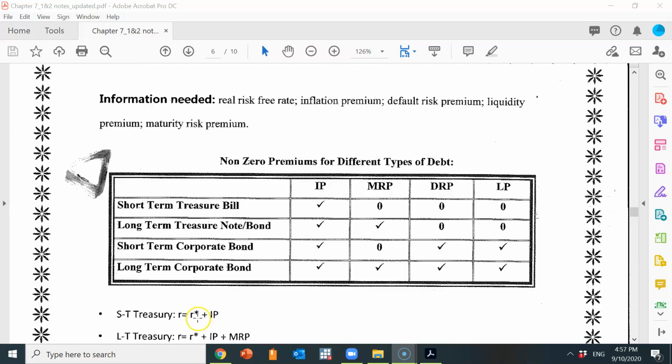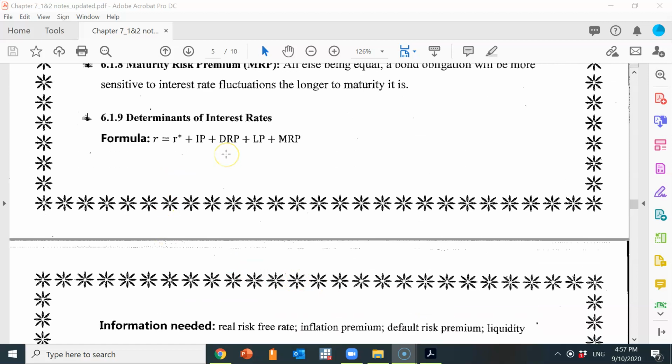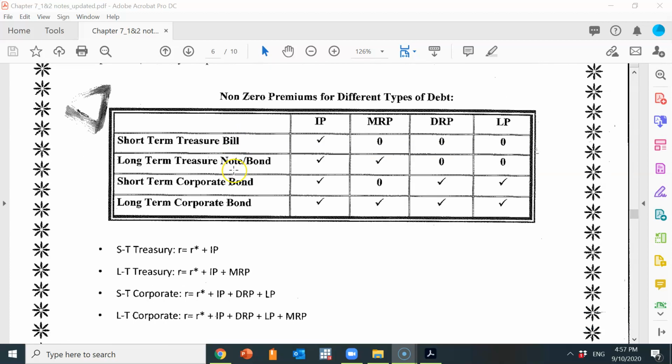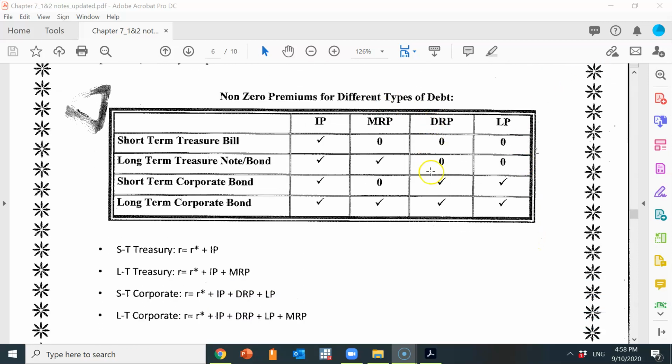So we have this comprehensive formula here for calculating interest rates for different bonds. Then we have this graph here showing us which kind of premium exactly we are adding to each different type of bond, with non-zero premiums for different types of bond.